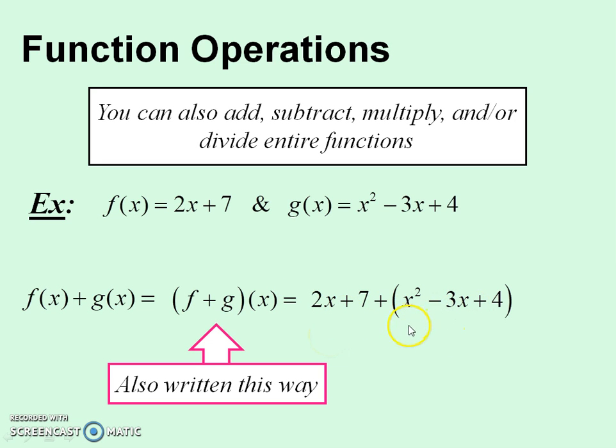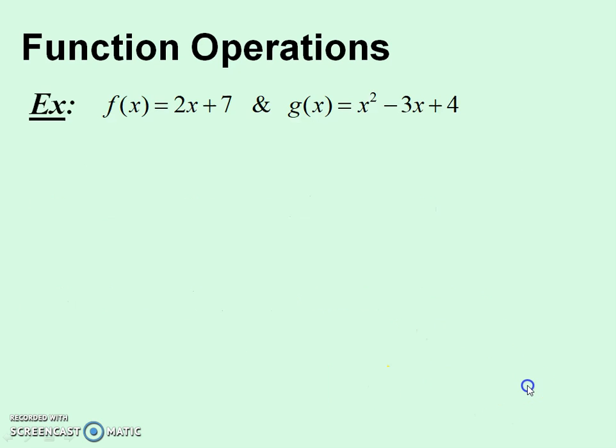I would group like terms here, and so that simplifies to this function. X squared, 2x minus 3x is negative x, and 7 plus 4 is 11. So f plus g of x is a new function, which is a quadratic, and that's what it looks like.